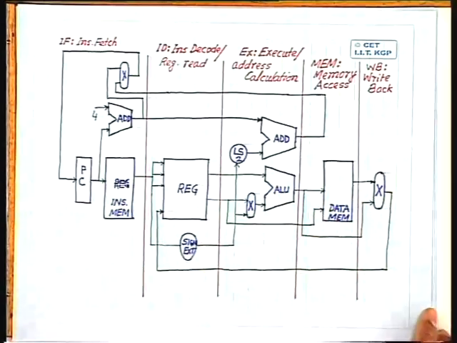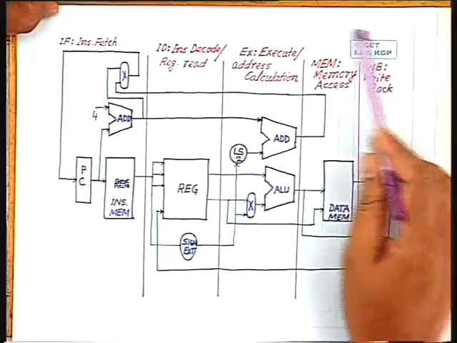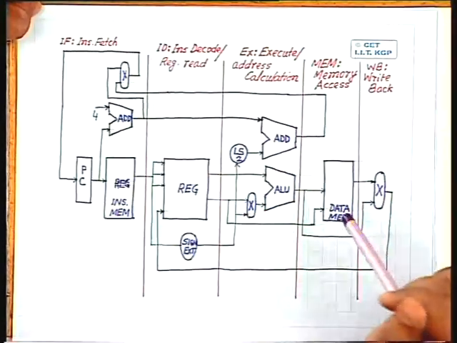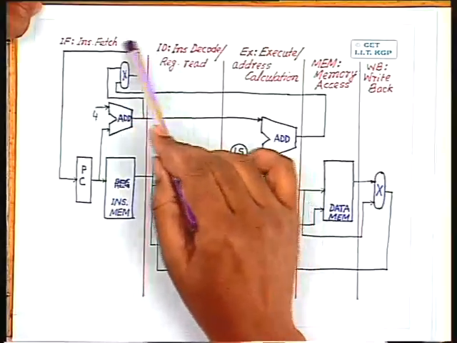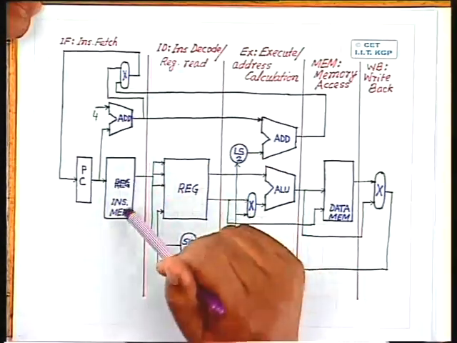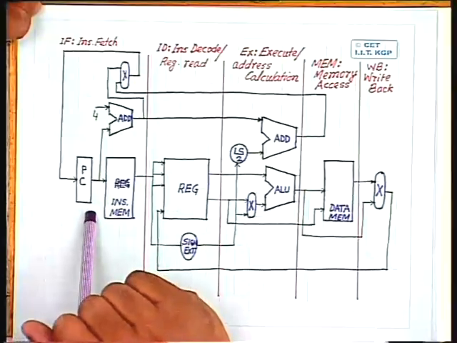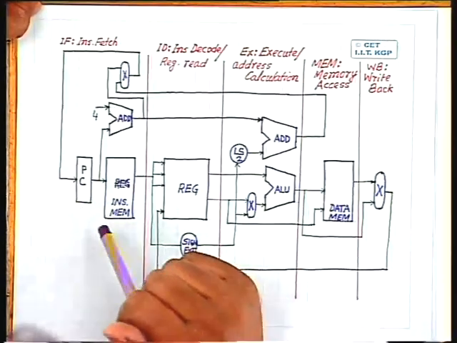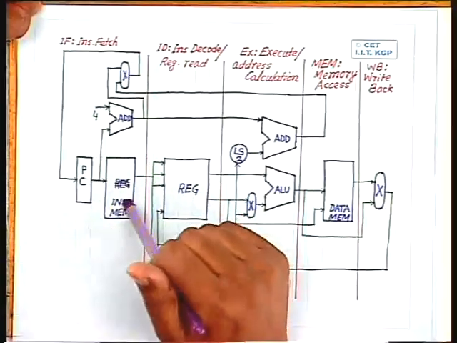So you find that all the units which are there in the single cycle architecture are present here. At this stage, when an instruction is to be fetched, the data unit which is involved is obviously the program counter, because the program counter has to give the address of the instruction that has to be fetched. We have this instruction memory.